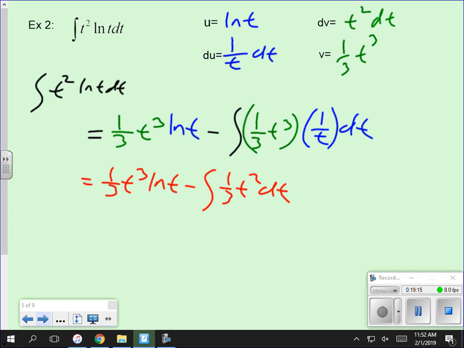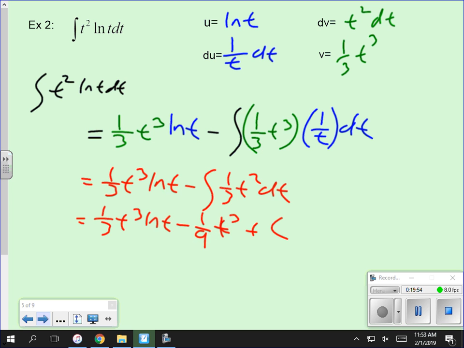It's now a very simple polynomial to do. So I end up with 1/3 t cubed natural log of t minus 1/9 t cubed plus c. Yeah, your logarithm is disappearing. If you have a logarithm with a polynomial, it's done.